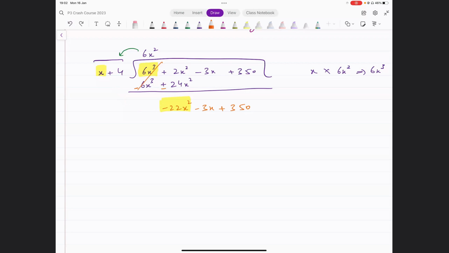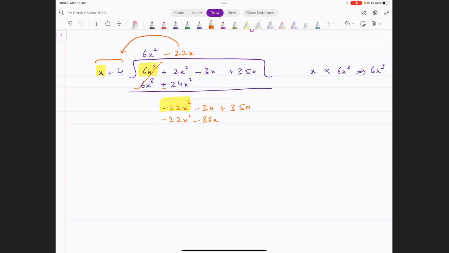So that's the next term in the quotient. You say this is minus 22x. All right. Now you multiply minus 22x with this whole thing, minus 22x into x plus 4. What do you get from that? Minus 22x squared minus 22x into 4, that is minus 88 times x.